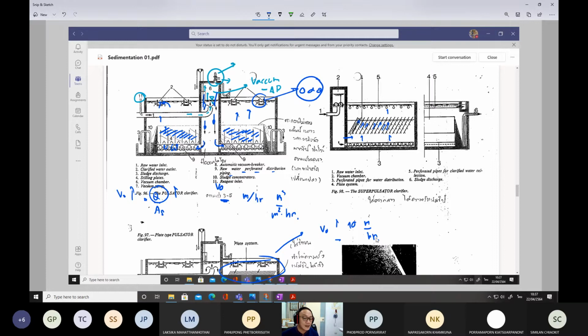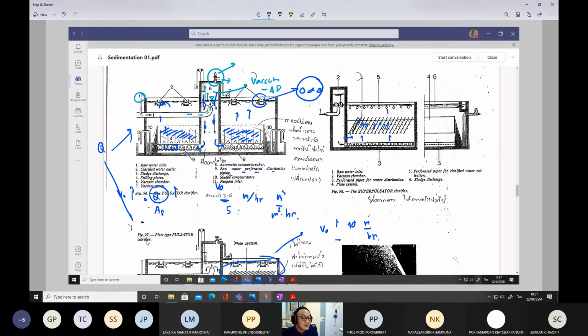For the same flow rate, if we upgrade this one, suppose this is 5 meters per hour and this is 10 meters per hour. If the given flow rate is Q, and you go for this one or this one, what will be the difference?